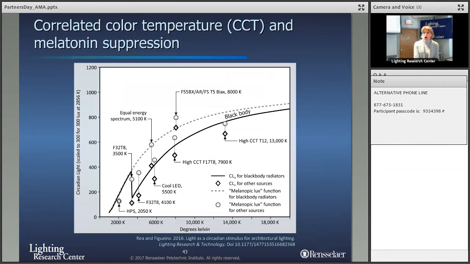So here is one of the reasons why we think that correlated color temperature is not the right metric when you're talking about acute melatonin suppression. Here on the y-axis, this is circadian light. We actually normalized it to a photopic illuminance of 300 lux at 2856 K. And here are the CCTs on the x-axis. And you can see here there is this intransitivity.